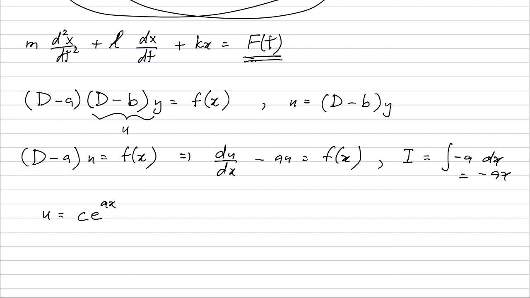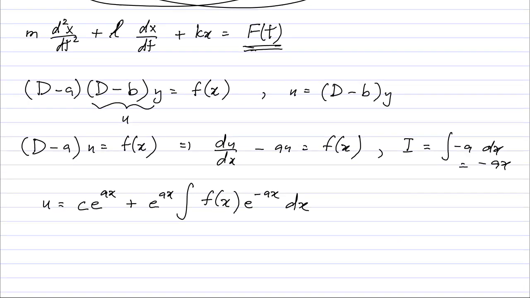Plus e raised to power ax times the integral of q, which is f(x), times e raised to power I, which is e raised to power minus ax, dx. So that's essentially what you have.